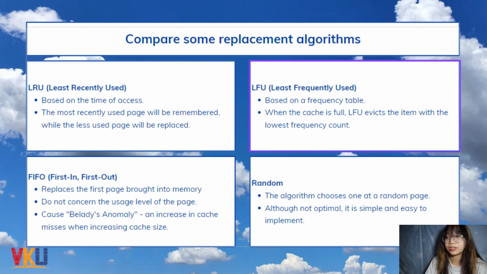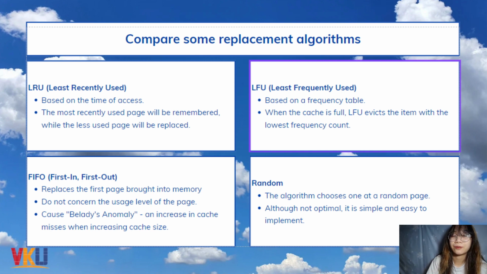Because it's simple, it doesn't care about the usage level of the page and can cause the related anomaly. This phenomenon is known as Belady's anomaly in the cache replacement algorithm, where increasing cache size can lead to an increase in the cache misses.